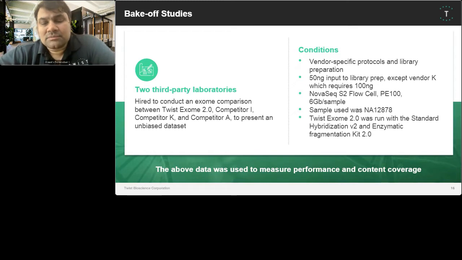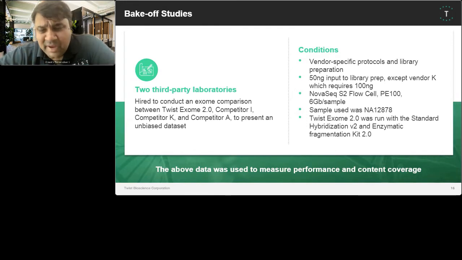All our data was generated on NA12878, one of the standard exomes used in the industry. The data I'm showing is with the standard hybridization V2 method and the enzymatic fragmentation kit 2.0.